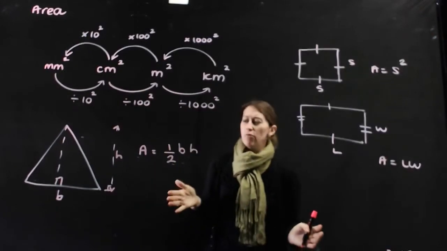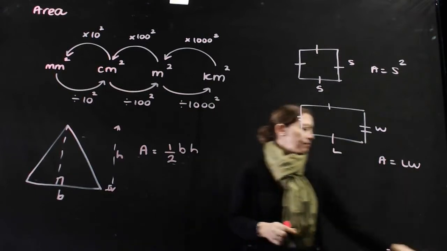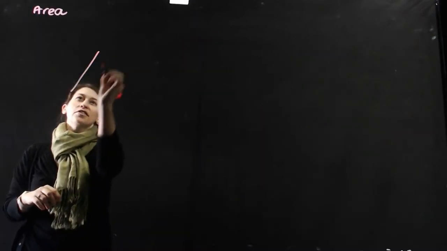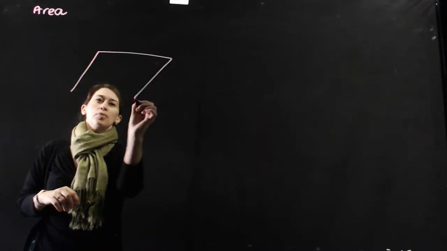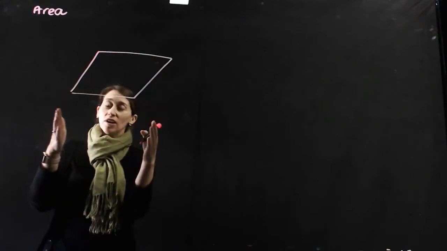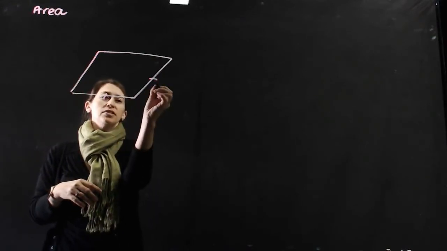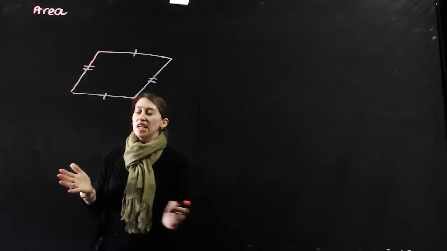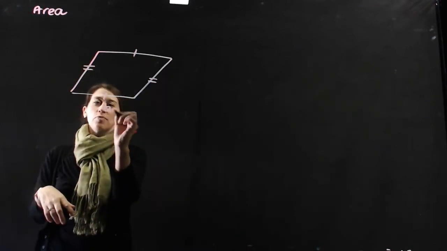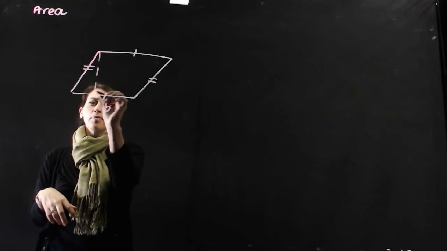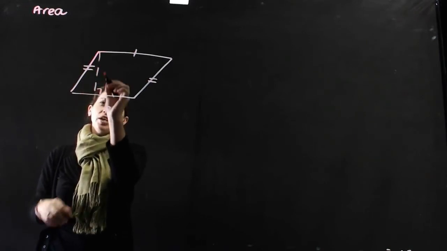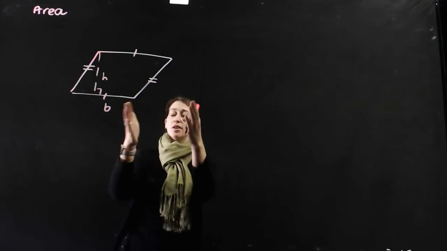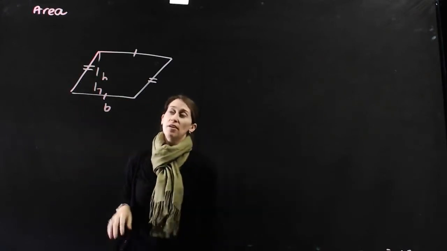Now let's look at rhombuses and parallelograms. Alright, so let's start with a parallelogram. So a parallelogram is longer than a rhombus in one direction. Okay? So usually you're given the dimensions of the base and the perpendicular height. Remember, that perpendicular height could be inside the parallelogram, or outside the parallelogram.